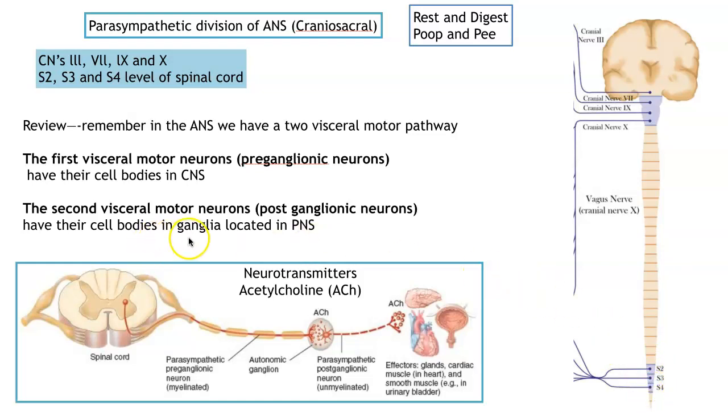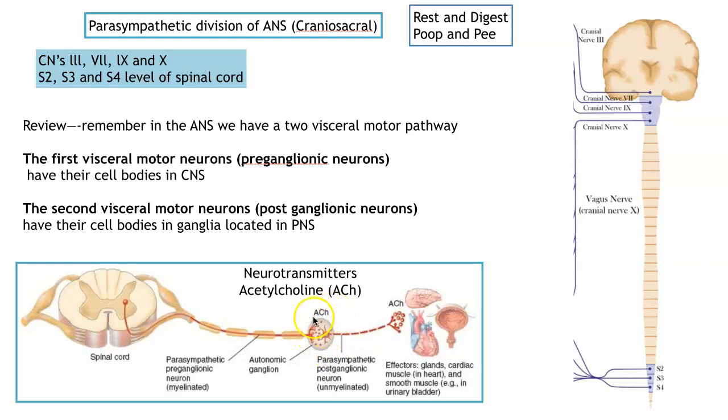Now those second visceral motor neurons, called postganglionic neurons, have their cell bodies located in ganglia within the PNS. So this was the little diagram we showed you, a simple little diagram showing the sacral division of the parasympathetic nervous system. From the lateral gray horn, their axons leave through the ventral root into the spinal nerve, and travel to their destination, their ganglia.